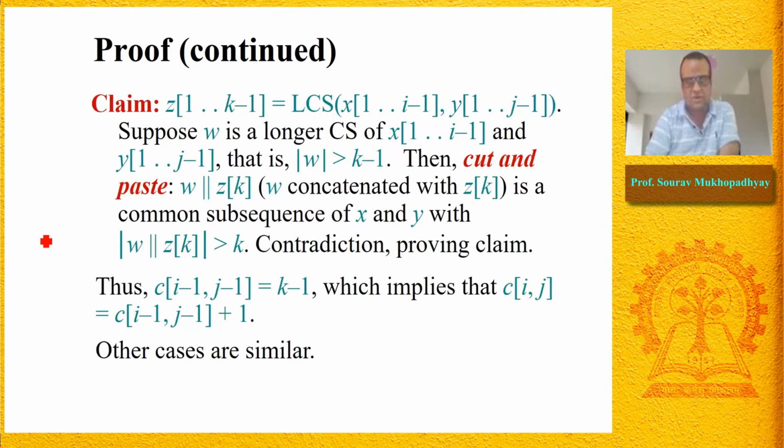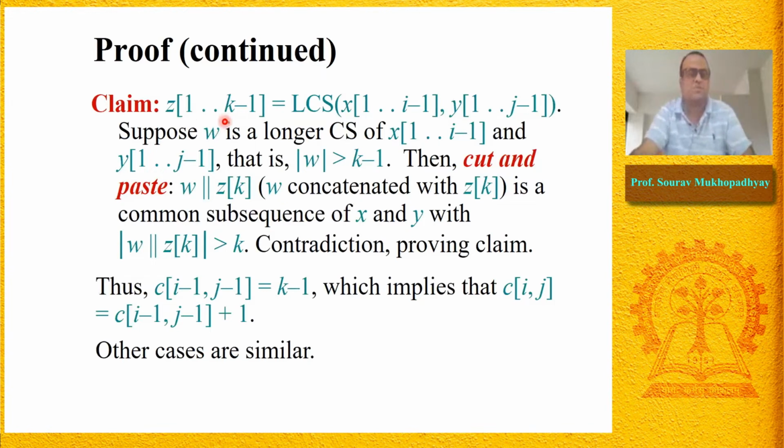Yeah, so this we have already discussed over here. This is our Cij, a longest common subsequence. So this proof uses the cut and paste technique. We assume this W is a longest common subsequence. So the length of W has to be k, because Z is a common subsequence.